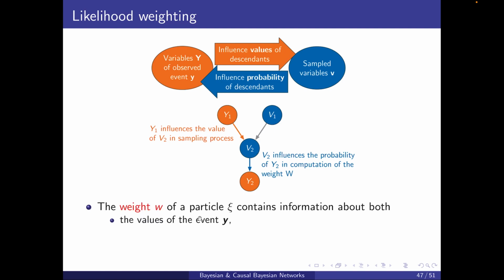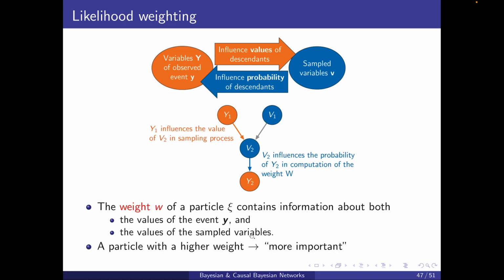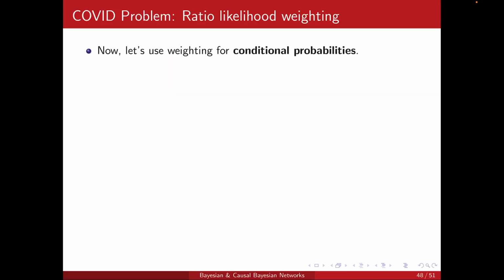So the weight W of a particle contains information about both the values of the event Y as well as the values of the sampled variables. A particle with a higher weight is more important or more worthy, and that means that the particle emerges with a higher probability.